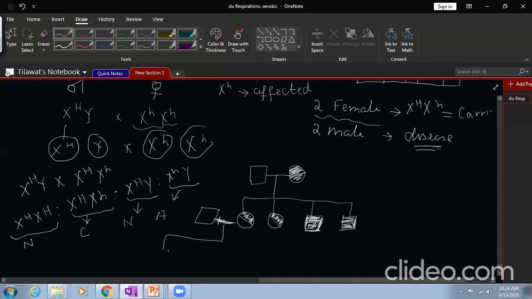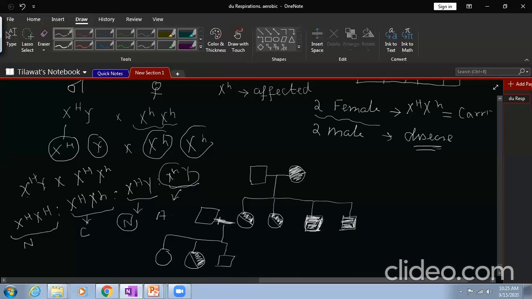normal female, so mention with normal, round, no shading. Here carrier, so mention it how? Round female, because X and X female, so mention it round with half shaded, because she's a carrier, and carriers we mention like this. And XH Y, this male is normal, so just mention it as a square without shading.